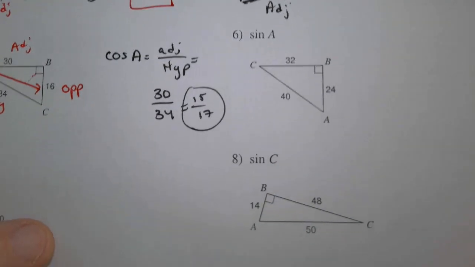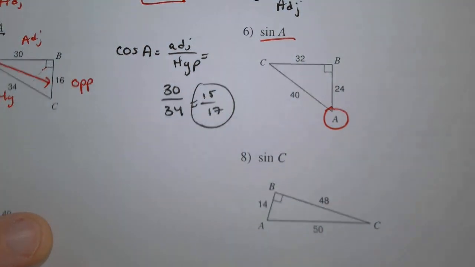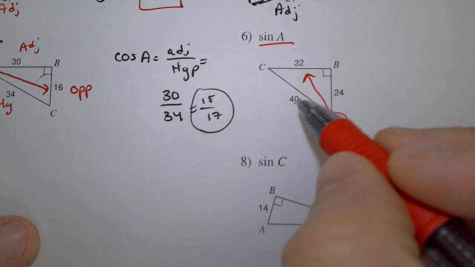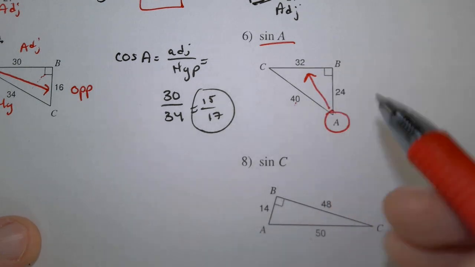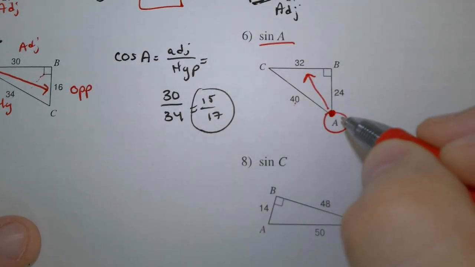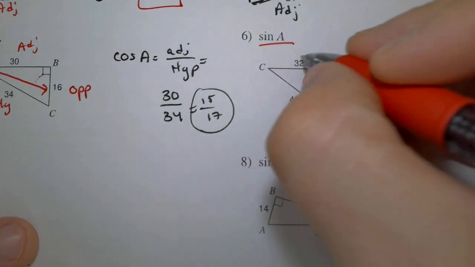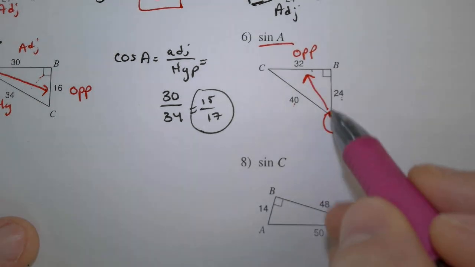Moving right along, we're going to get through a lot of these today. We got sine of angle A. Angle A is over here. We go across from angle A, to the only side that is not literally physically touching it. See how the 24 is touching the A and the 40 is touching the A? Surprisingly, that's one of the hard things for students to get, is to realize this is across from it.